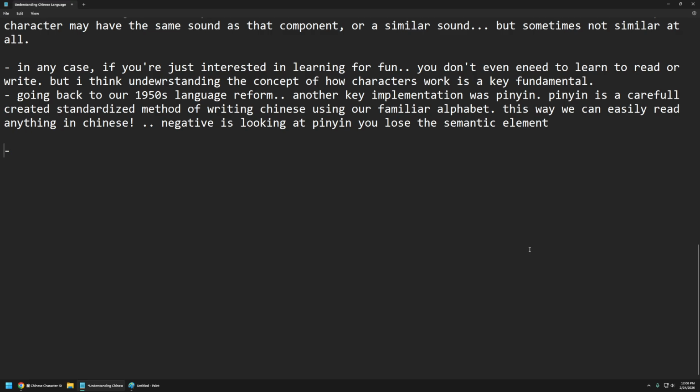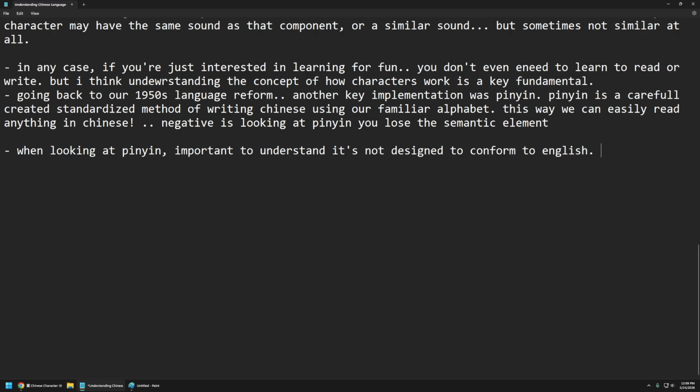So when looking at pinyin, it's important to understand it's not designed to conform to English. It's still very much a Chinese writing system, just using the English alphabet, okay? In my opinion, they did an excellent job at making sure that pinyin writing looks correct on a page, even to English speakers.